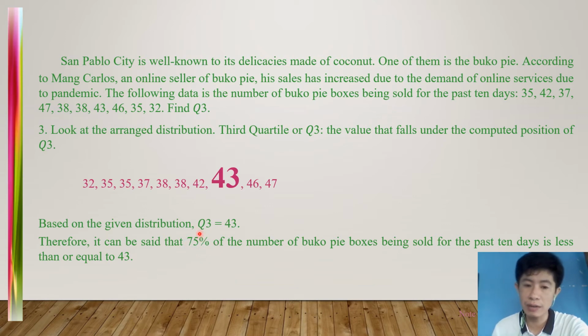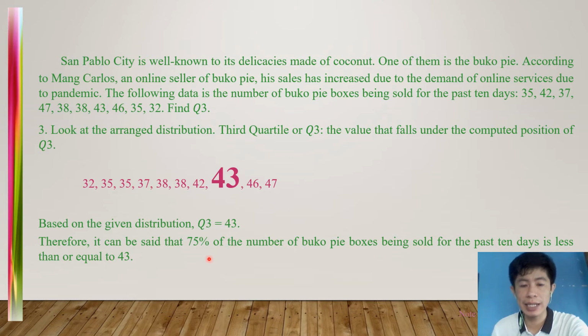Okay, I'm sure you remember that in interpreting the measures of position, we first need to convert the measure of position into a percentage. As we recall, quartile 1 is equivalent to 25%, quartile 2 is 50%, and quartile 3 is 75%. Therefore, 75% of these numbers is 43.